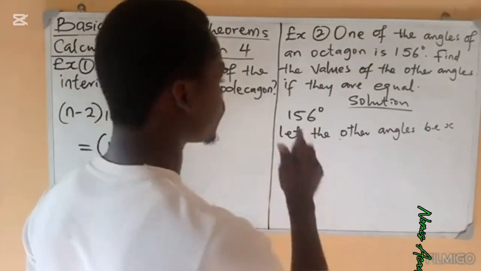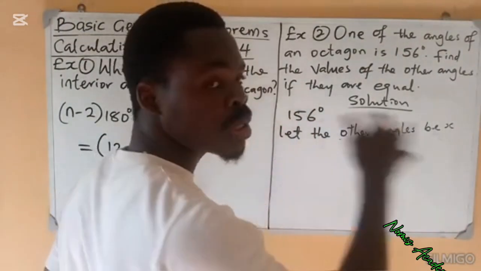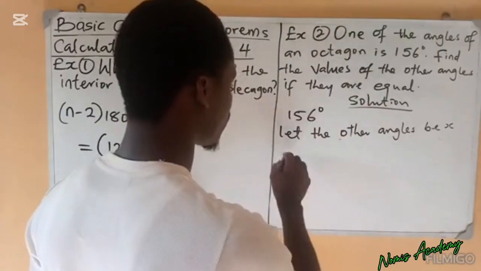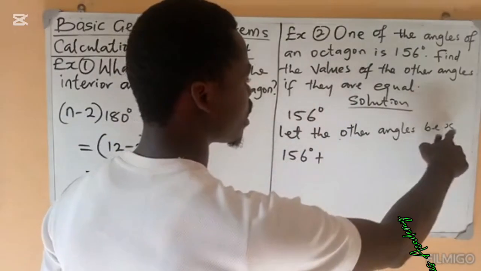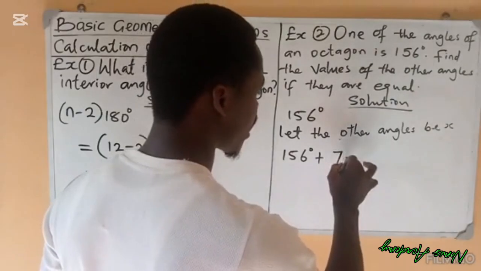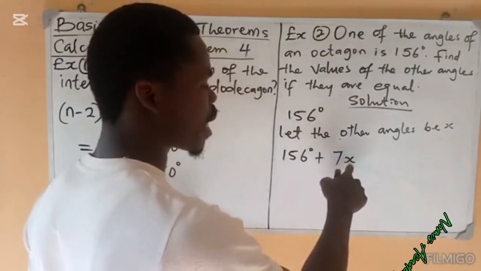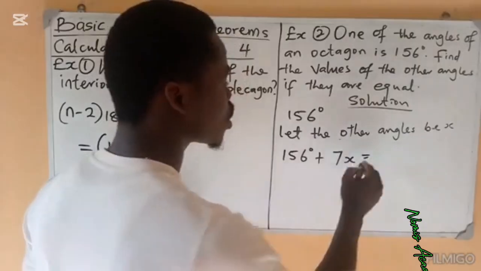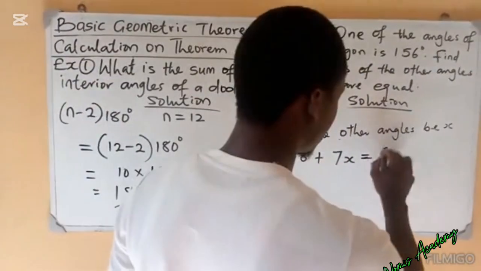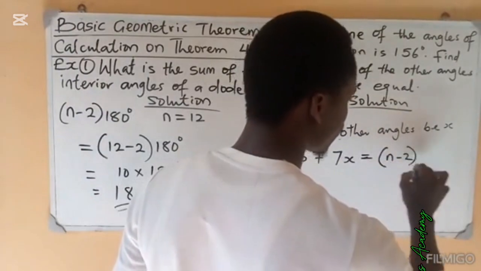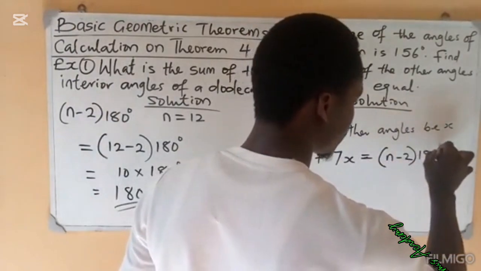So remember, sum of angles in an octagon. We have 156 degrees plus the remaining 7 angles, 7x, that is 7 multiplied by x, that will give us the sum of the interior angles, which is n minus 2 multiplied by 180 degrees.